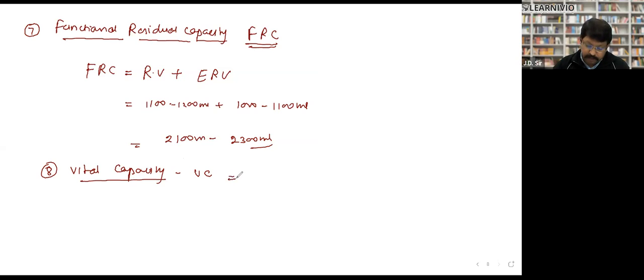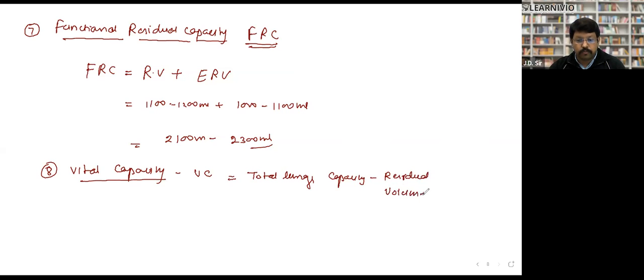So vital capacity is equal to total lung capacity minus the volume which cannot be breathed out, the residual volume. So this is the VC.